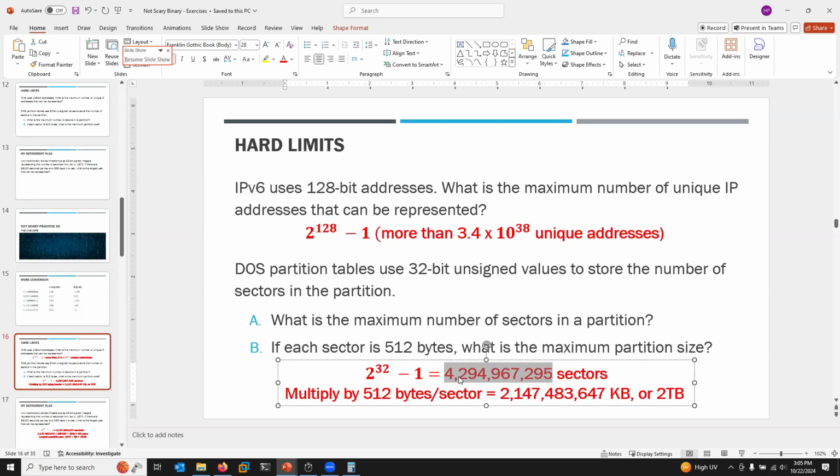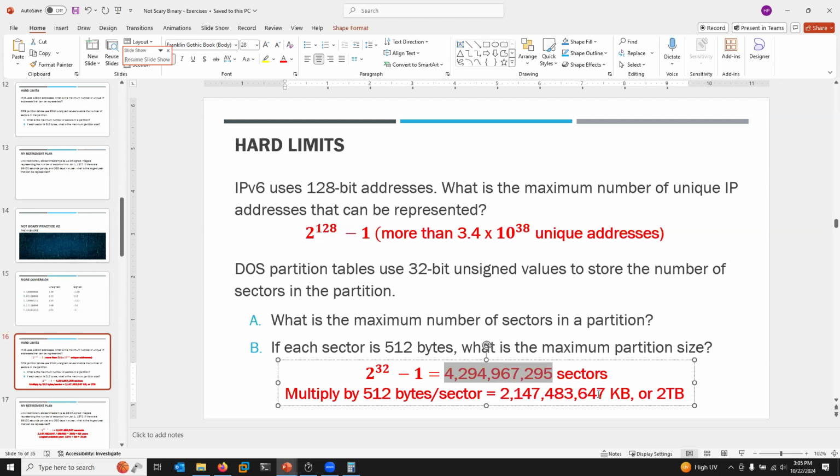So 2 sectors is 1K. So if we divide this large number in half, so 2 billion and change, you'll have the number of kilobytes in the partition.